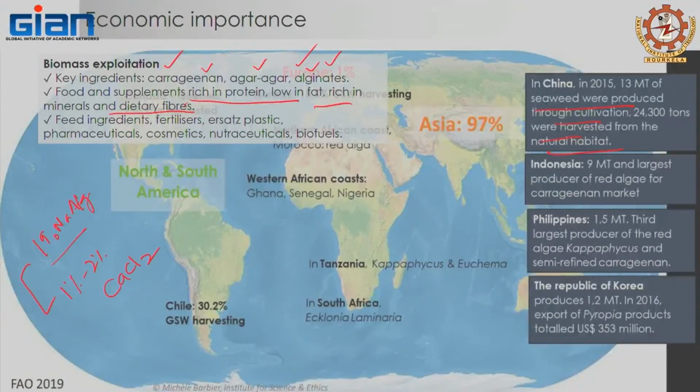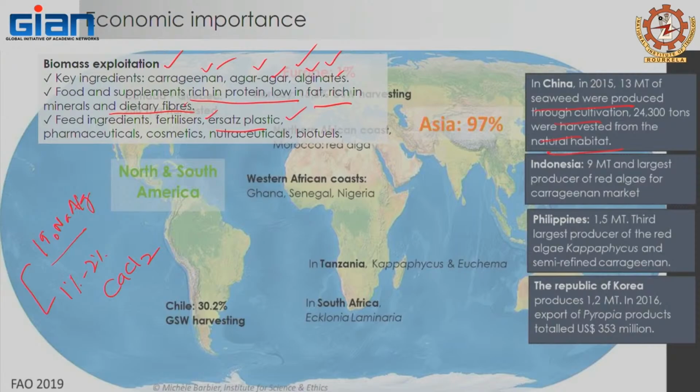So, you can just swallow it, and alginate is consumed as a food ingredient. Yeah. Protein and all those things, fertilizer, plastics again, because agar-agar, carrageenan and alginate can also be used for making biopolymers, alternatives to plastics.